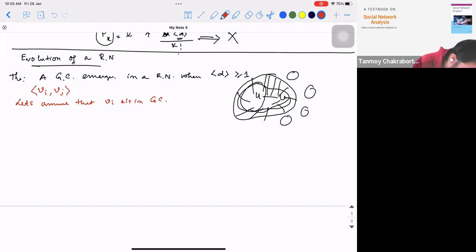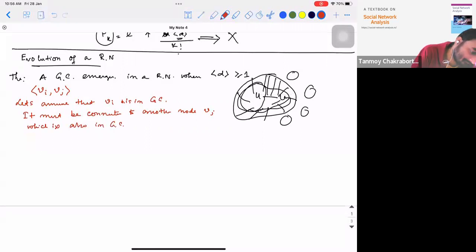Okay, so therefore it must be connected to another node Vj, which is also in GC, right?